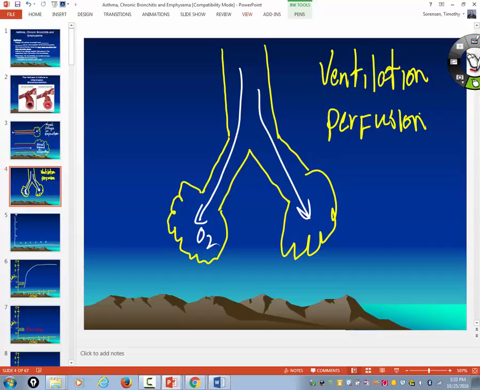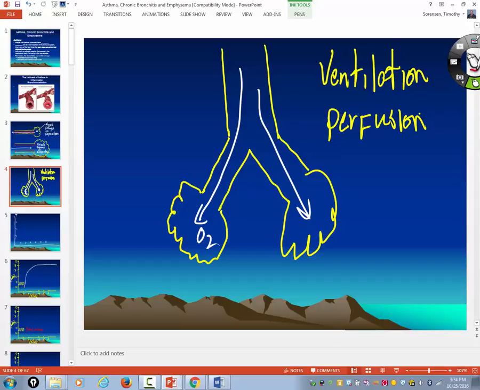So when you start exercising, you have to breathe deeper and faster. And when you breathe deeper, that's going to supply more oxygen to the alveoli that you weren't using, and that will cause more pulmonary arterial vasodilation. And when you're exercising, you're contracting muscle, and that will squish more venous blood back to the right side of the heart.